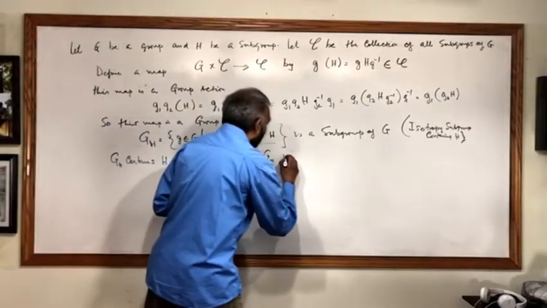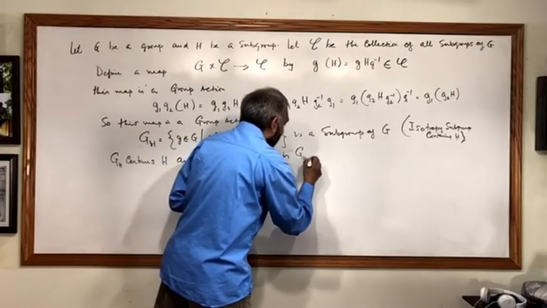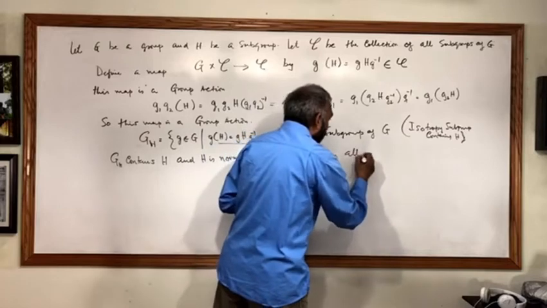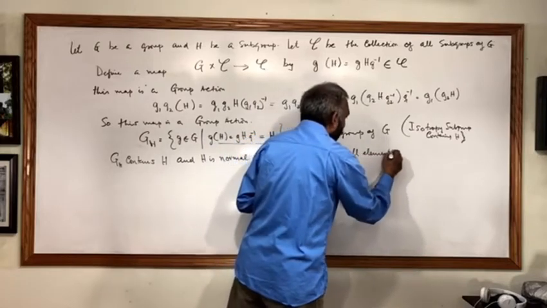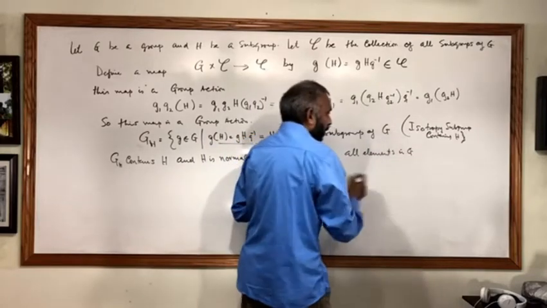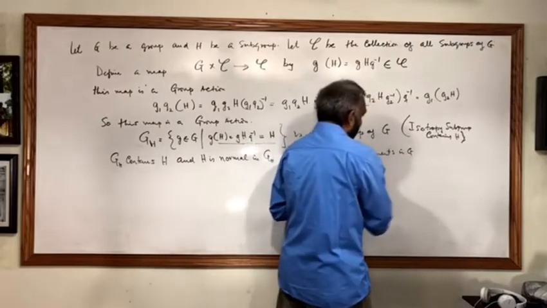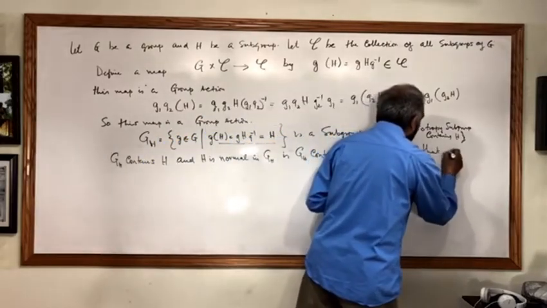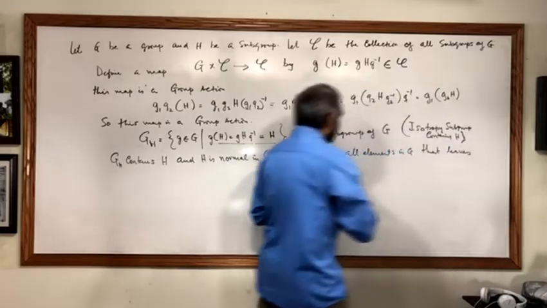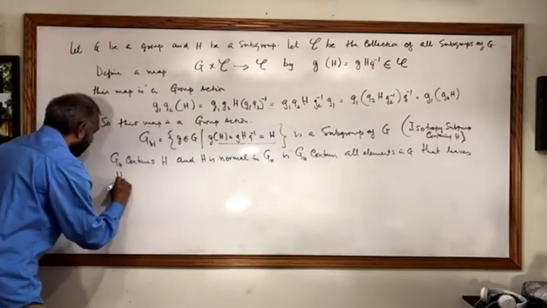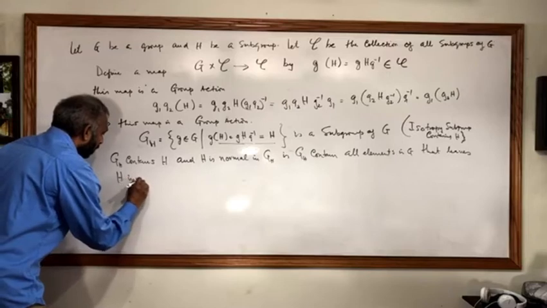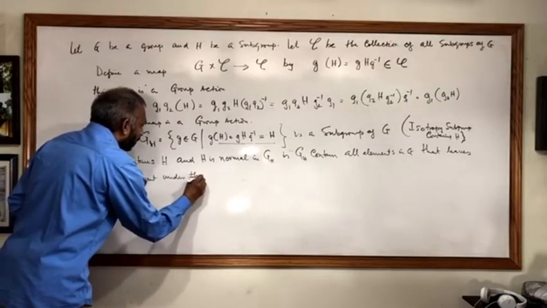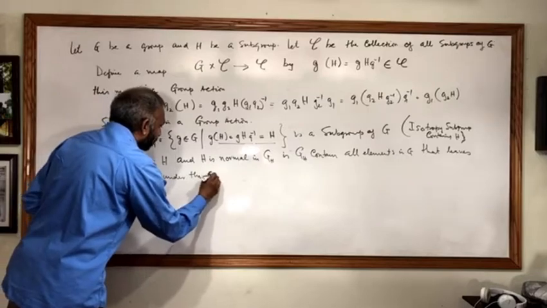And G_H contains all elements in G that leave H invariant under the group action.